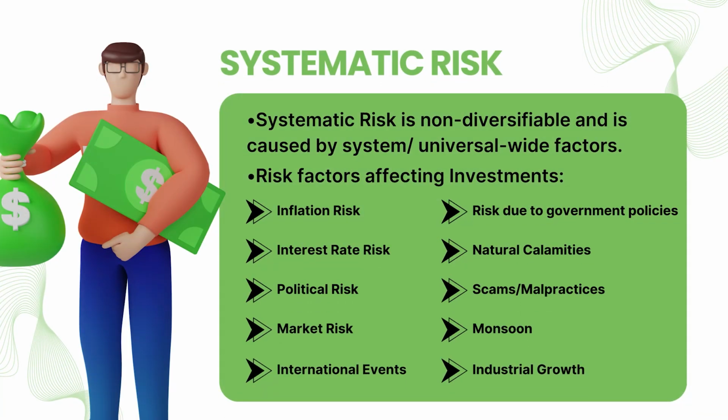Now, the concept of risk can be bifurcated into two parts: systematic risk and non-systematic risk. This risk concept which we are understanding is particularly with reference to the investment done in the stock market. As you know, investment in the stock market is primarily in the equity shares of the company.